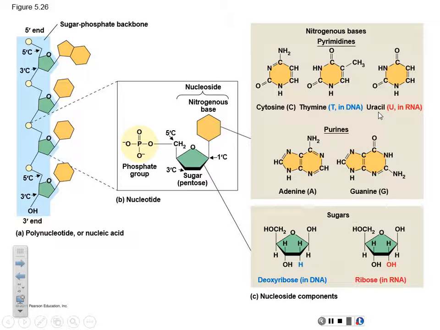Now, once again, I don't expect you to commit to memory the structures of these 5 different nitrogenous bases. But I hope you appreciate that there are 5: 4 when you're talking about DNA, G, A, T, and C, 4 when you're talking about RNA, G, A, U, and C. U and T are interchangeable. U is used in RNA, T is used in DNA. I want you to understand that there are 4.